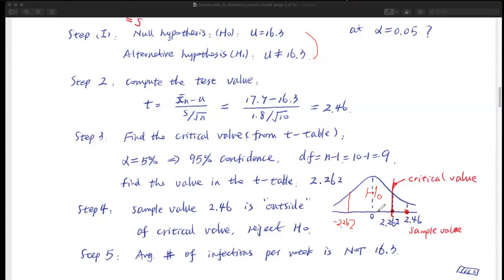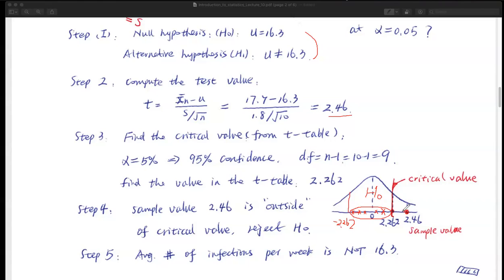As long as the data from the calculation is 2.16 or 2.06 or negative 1 or negative 1.5, any number inside here, what do we say? Accept H0, because we are close to H0. So as long as the calculated data is all in this area, we are accepting H0.